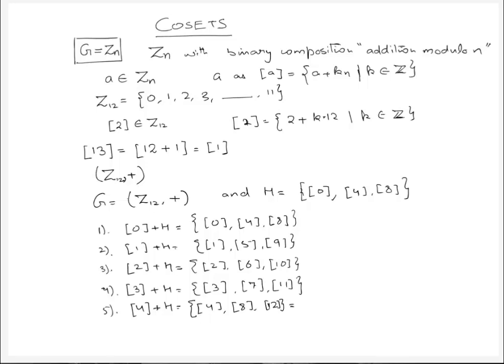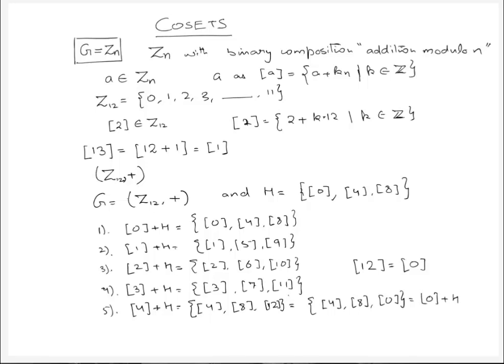But 12 stands for 0, because whenever you divide 12 by 12, the remainder is 0. So this set is nothing but {4, 8, 0}, which is the same as the coset 0 plus H.